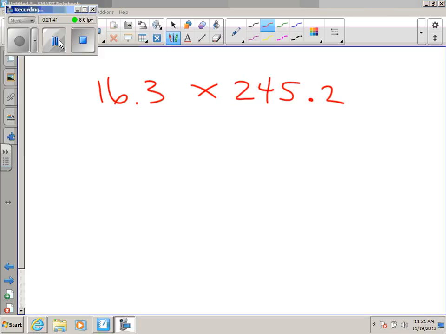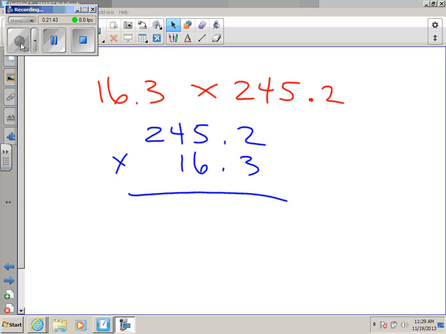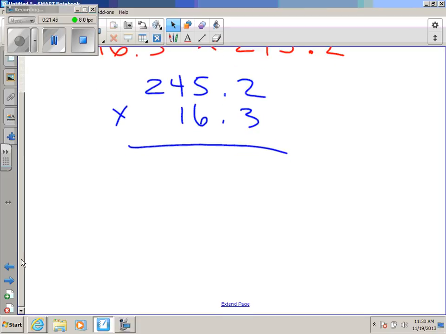All right. Now I set it up for us up here. Hopefully this is the way you set it up as well. We'll walk you through step by step. 2 times 3, 6. 5 times 3, 15. 4 times 3 is 12 plus 1 is 13. And 6 plus 1 is 7.